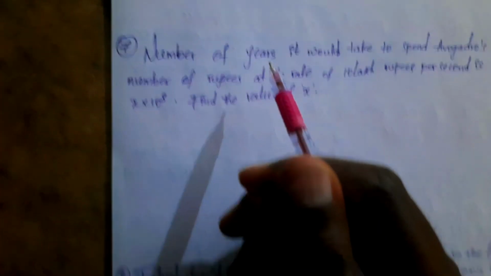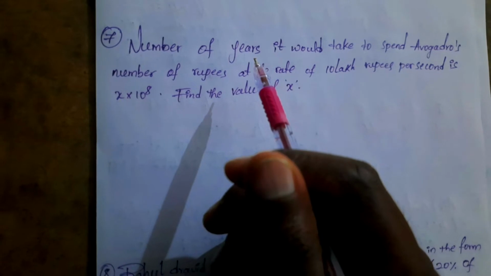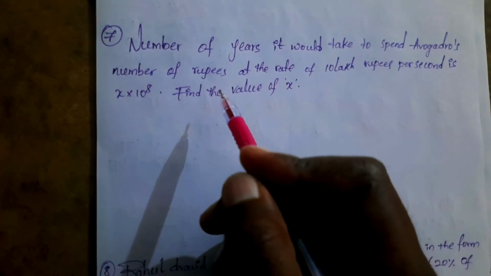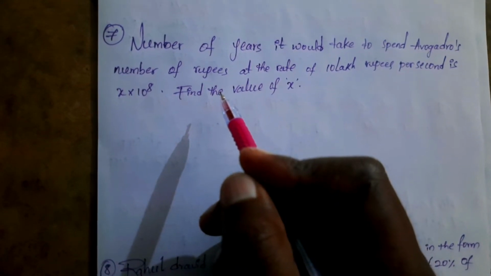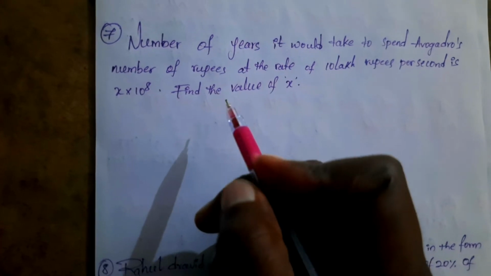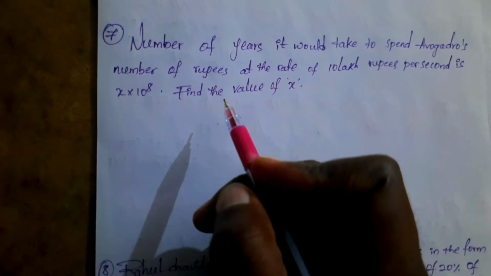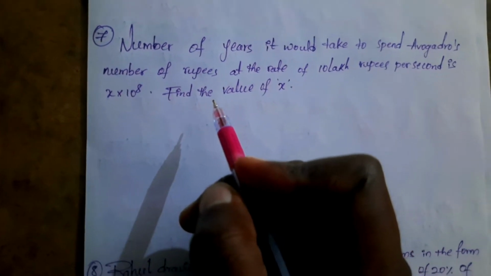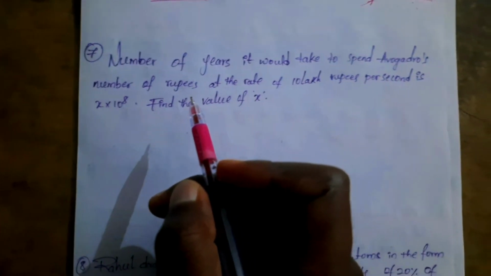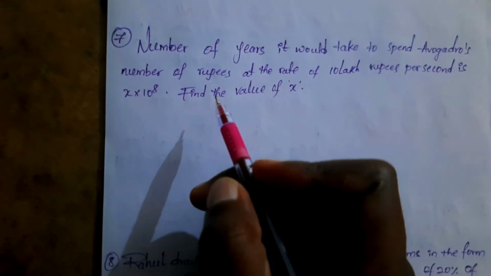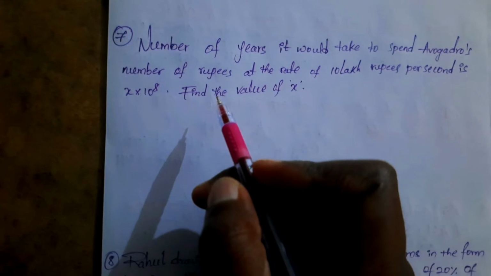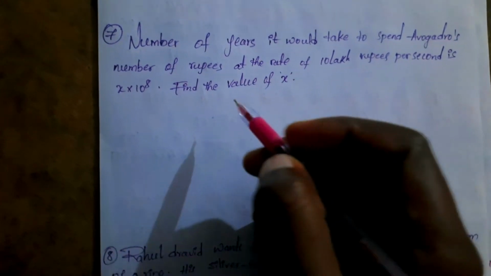Now next one: the number of years it would take to spend Avogadro number of rupees at the rate of 10 lakh rupees per second is x into 10 power 8. Find the value of x. How beautiful a question it is. They are asking how many years it would take to spend Avogadro number of rupees.